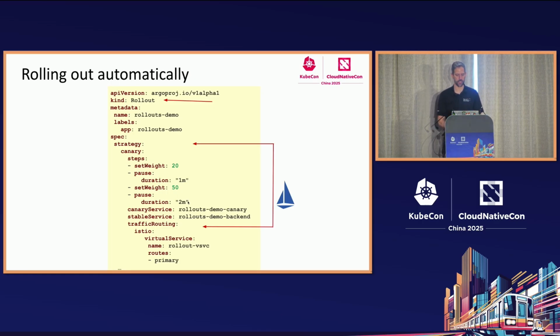And then we pause again, and then potentially we set another weight for 100%, and then we roll out completely. So the nice thing here is that that whole rollout is going automatically. So you can go from 20%, wait a while, everything is going well, it's going to automatically send more traffic to the new version, and then continuously until we're fully on our canary version, and that becomes the stable version.